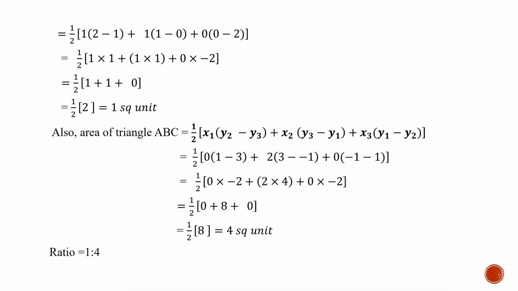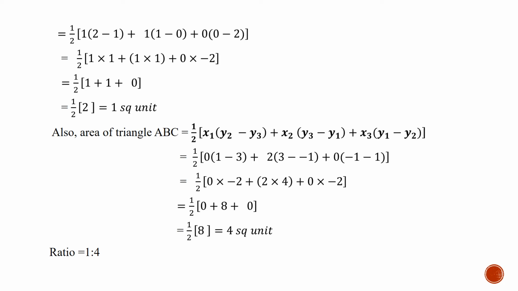Therefore, area of triangle DEF is half into 1 into 1 plus 1 into 1 plus 0 into negative 2, which is equal to half into 2 equal to 1 square unit.